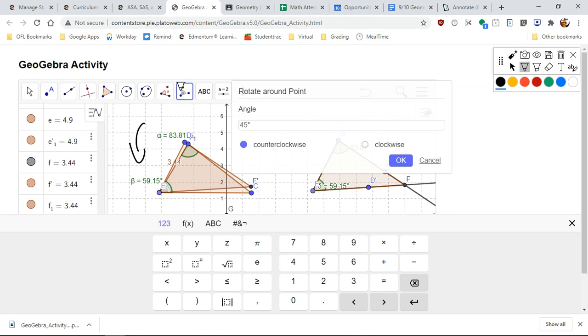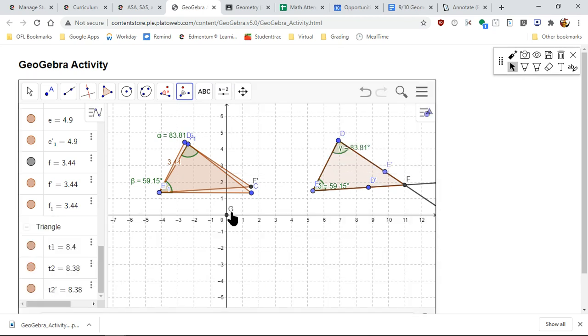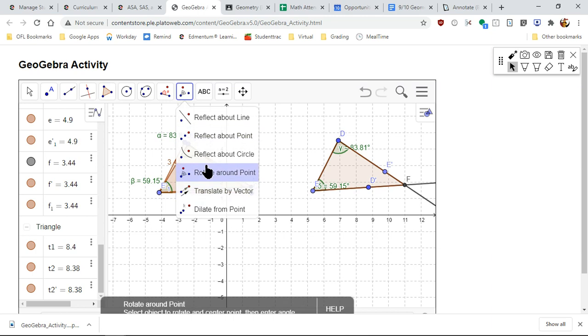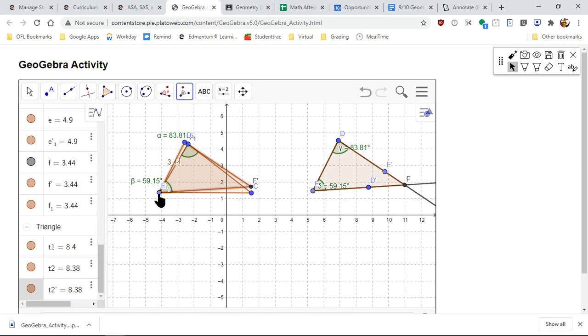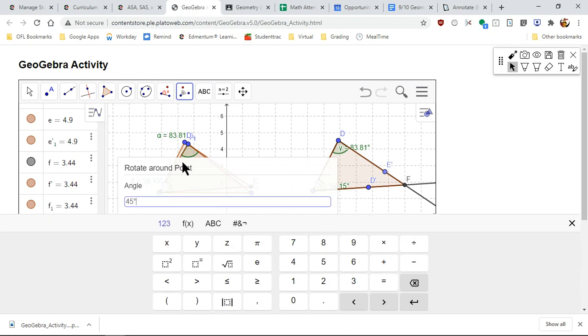Or actually, I'm trying to see how much I want to rotate it. Oh, give me a second, guys. I'm sorry. I don't want to rotate it about this point. Because I matched it here, I want this point to stay the same, but I want all the other points to change. When I rotate this, I want it to rotate about point E.